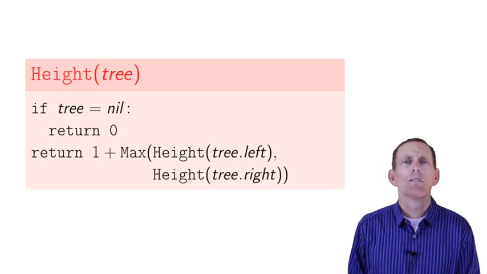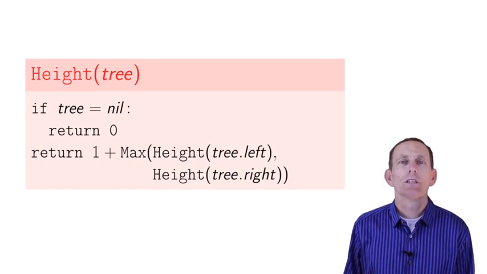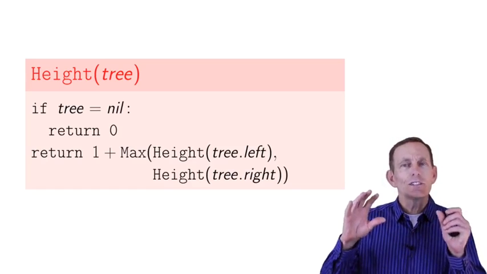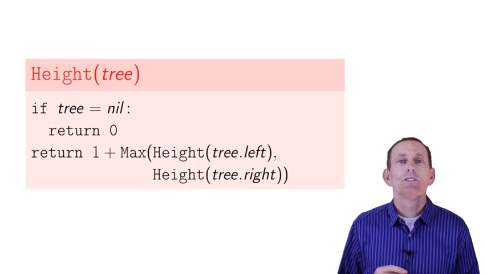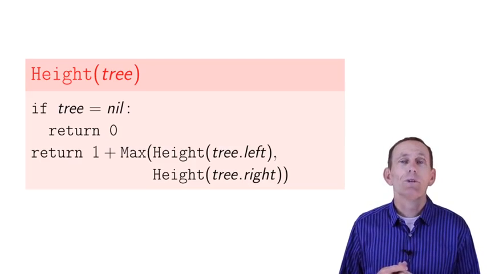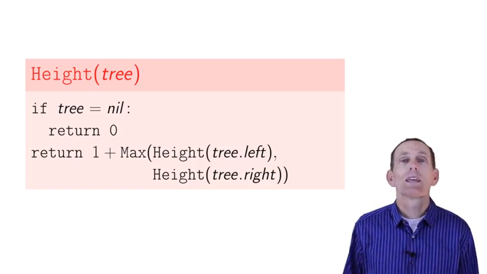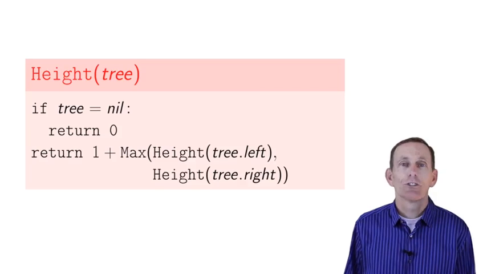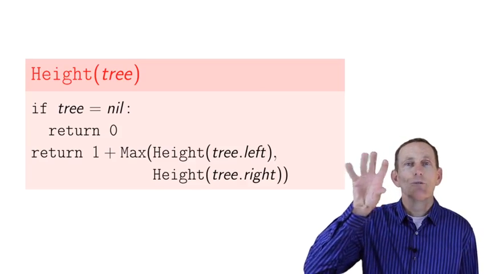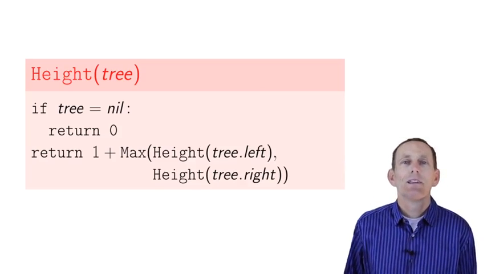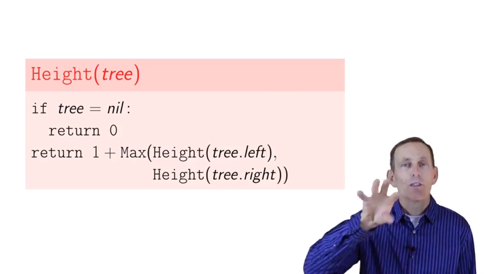Let's look at a couple of procedures operating on trees. Since trees are recursively defined, it's very common to write routines that operate on trees that are themselves recursive. So for instance, if we want to calculate the height of a tree, that is the height of a root node, we can recursively do that going through the tree.